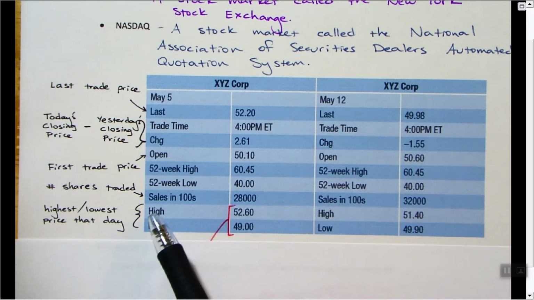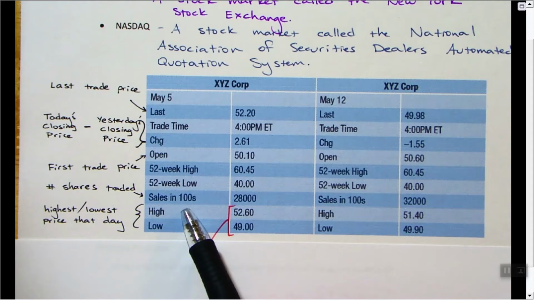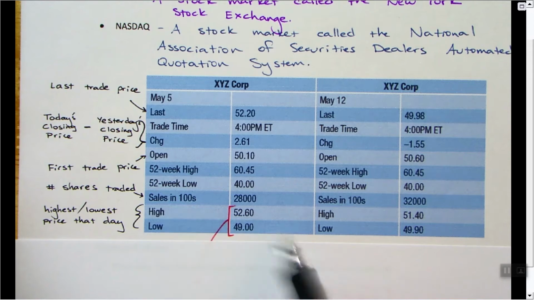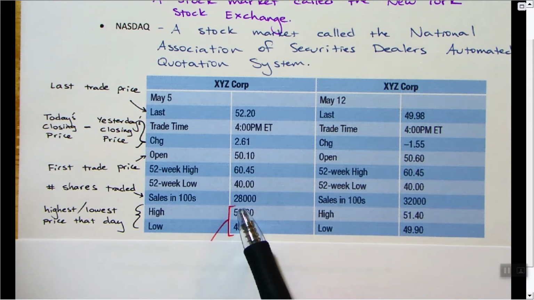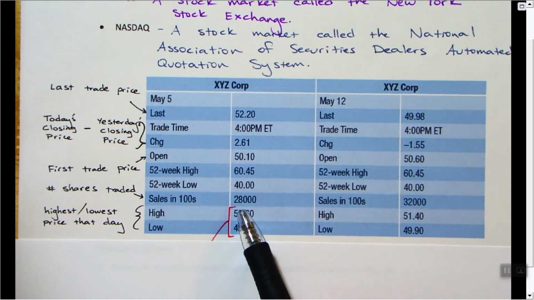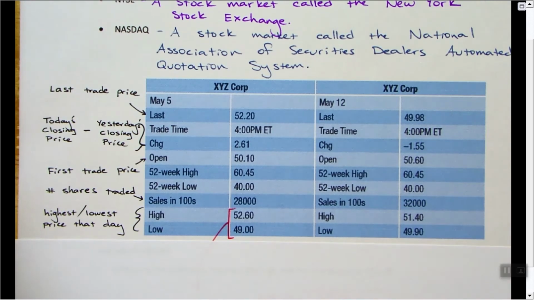The sales in hundreds is a measure of the volume of how many shares are being sold this day. On this day, this many hundreds of shares of stock were bought and sold. Again, there's lots and lots of shares of each company. The high and the low are the highest price and the lowest price of one share of stock during this entire day. So that's all the information from that day, summary data of what happened that day in trading.